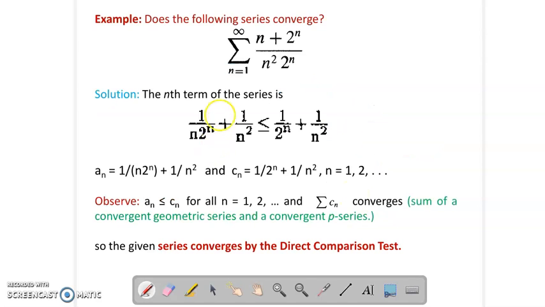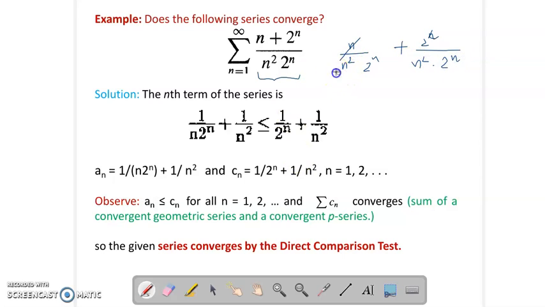Next example, does the following series converge? Summation n going from 1 to infinity n plus 2 to the power n upon n square into 2 to the power n. So the nth term of the series can be written as n upon n square into 2 to the power n plus 2 to the power n upon n square into 2 to the power n.